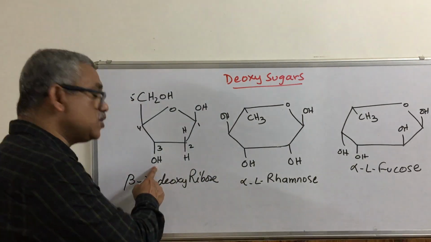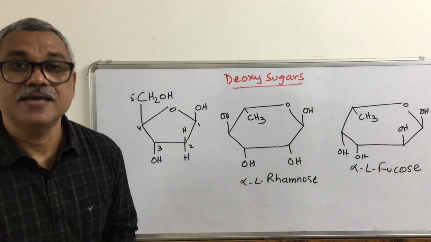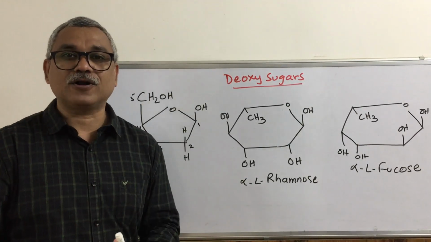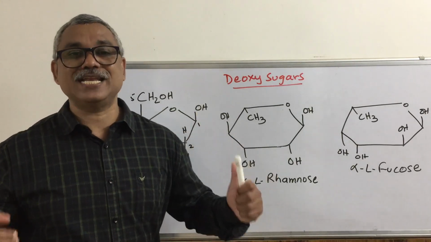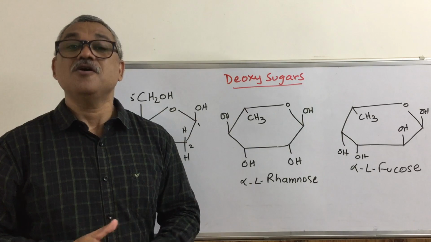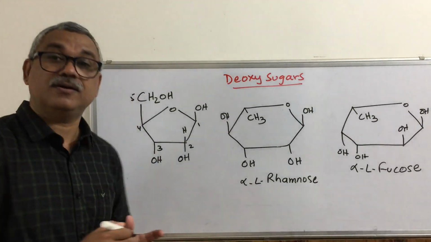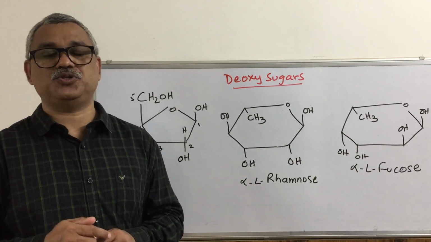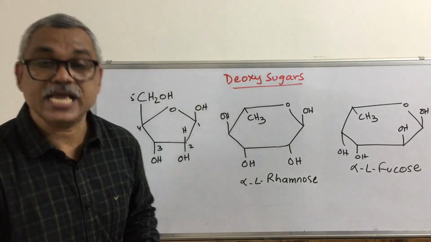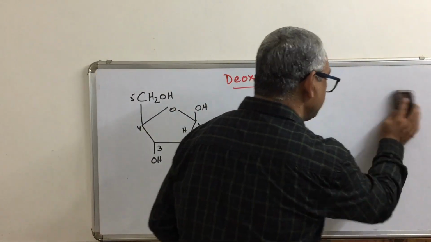It has a hydroxyl group at the third position, and this third position makes it possible to form the backbone of the DNA molecule. What happens if it were a ribose sugar instead of a deoxyribose sugar? Ribose sugar is found in the structure of RNA molecules.